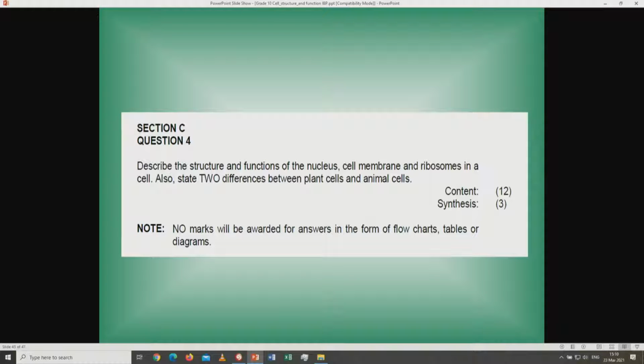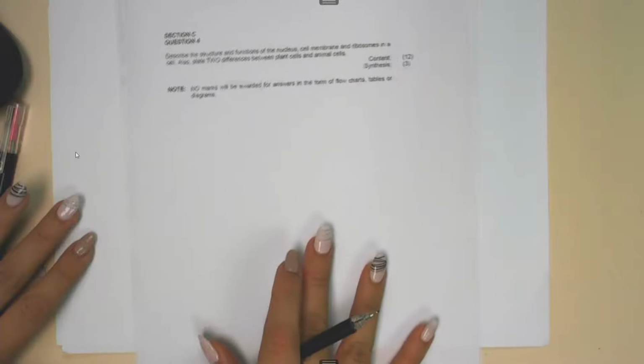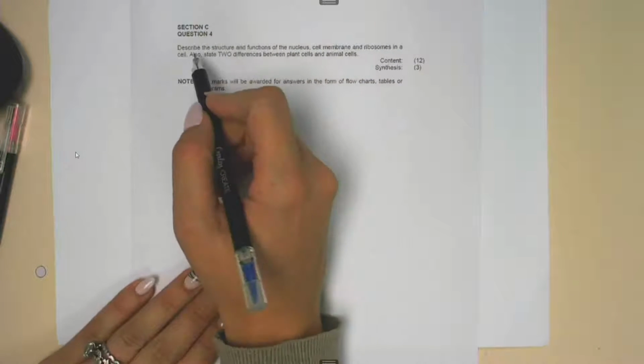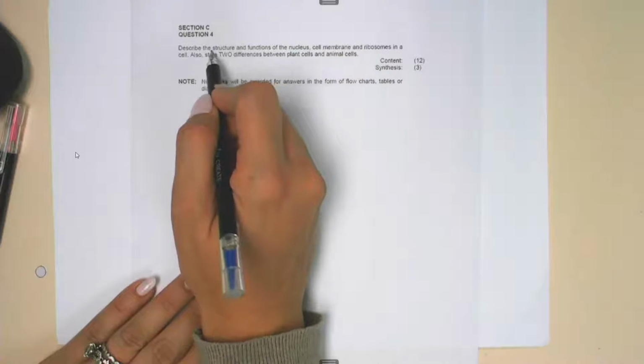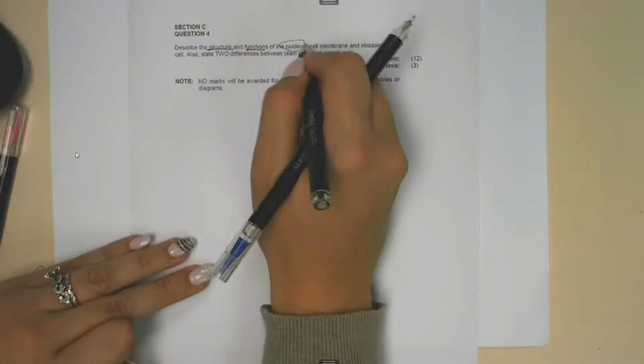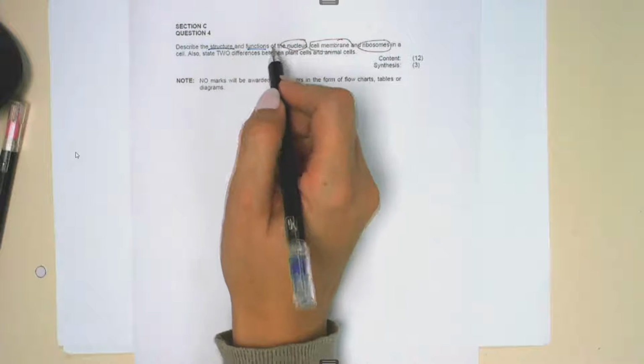So when you start something like that, I want you to break down the question and start at a certain point and work down. So what did we start with? It says, describe the structure and function. So for the nucleus, the cell membrane, and the ribosomes, we have to describe the structure of each and their function.